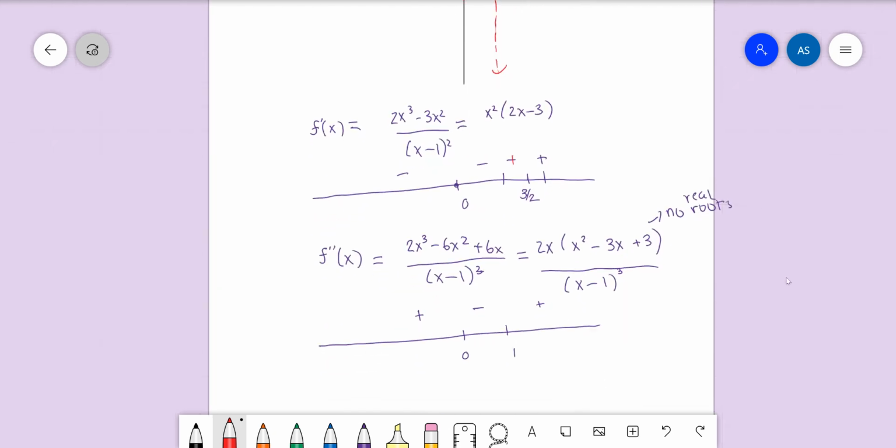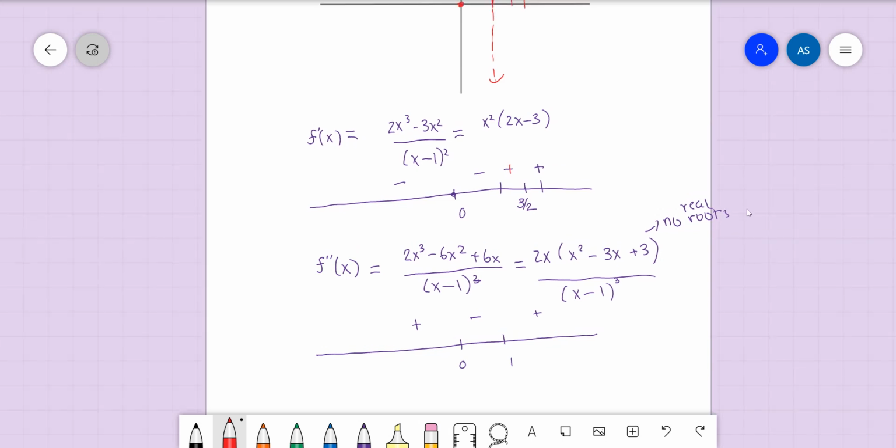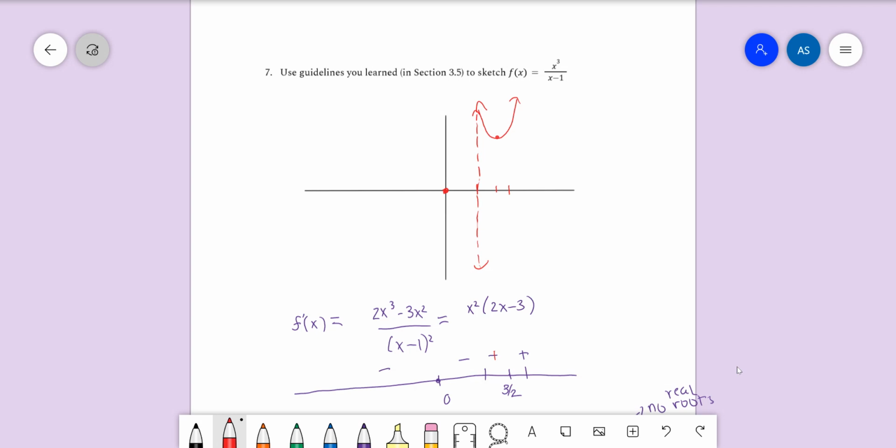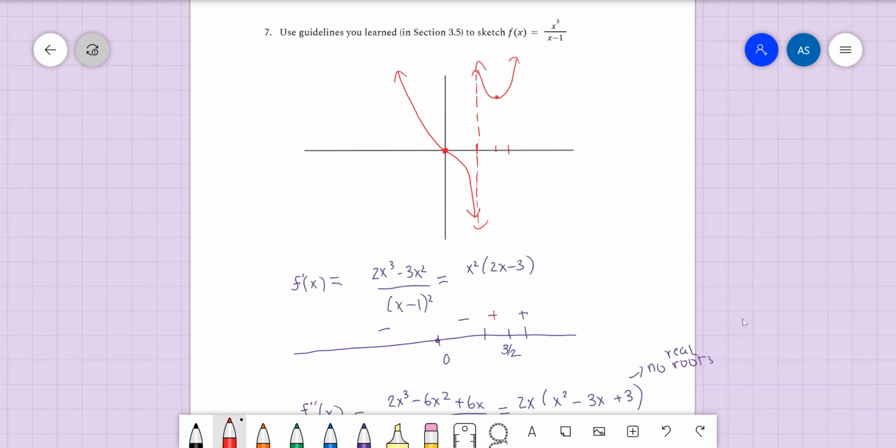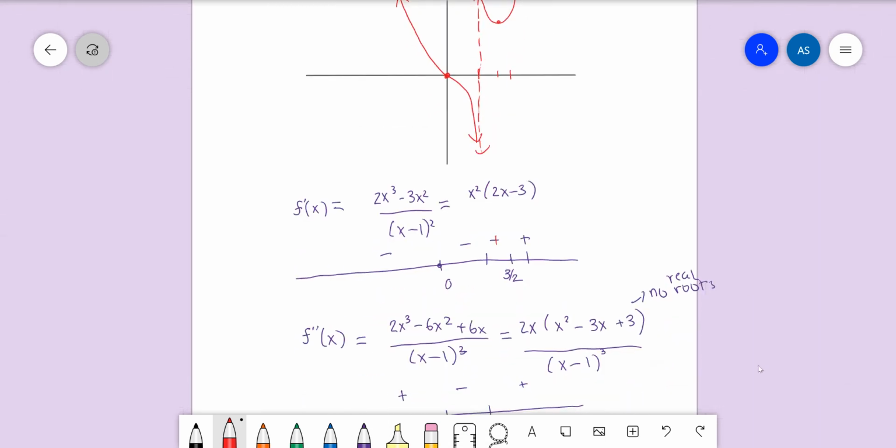So we know it's concave down, but it's going to have a point of inflection at 0, going from concave up to concave down, so it's going to look something like this. Go ahead and draw this in. Both will be approaching those axes. And this is a pretty good idea. You can graph that on a calculator and see, but this gives you a pretty good idea of what it looks like, just based on what you got from using derivatives.